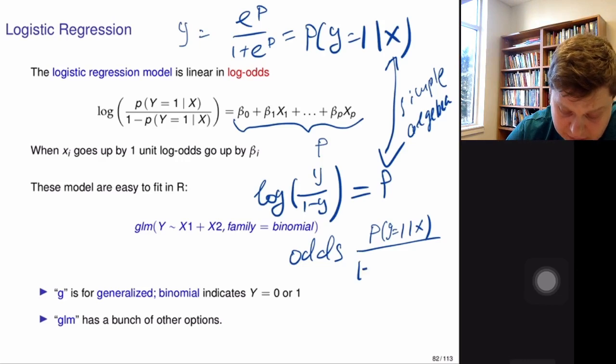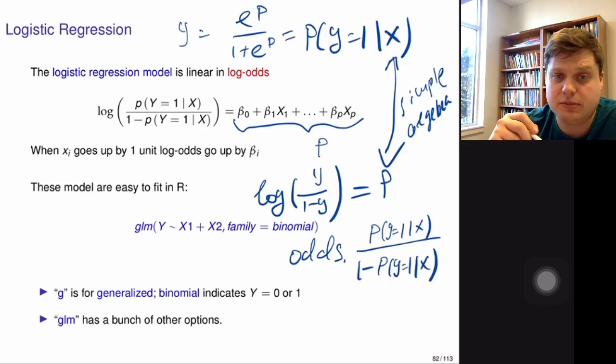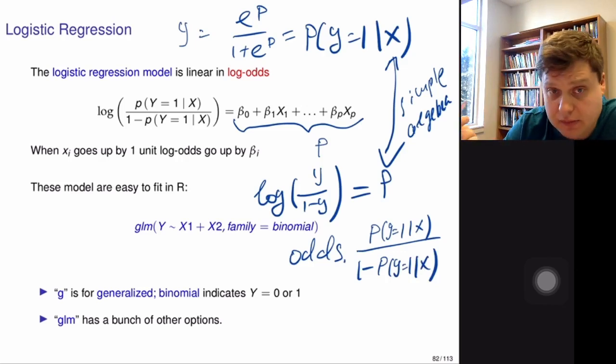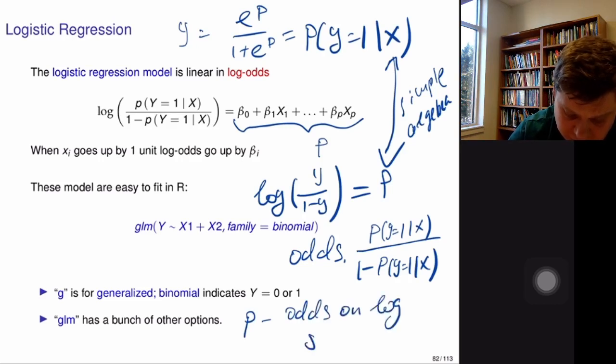This is the odds. If we apply the log transformation, we get the log odds, the odds on the logarithmic scale. That's all p is: this linear combination is the odds on a logarithmic scale.